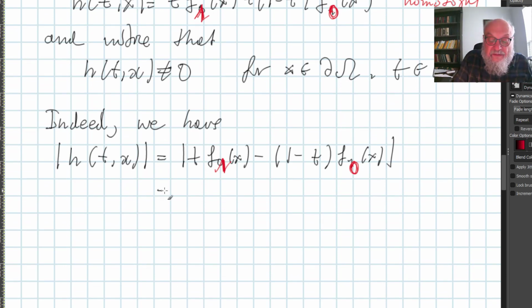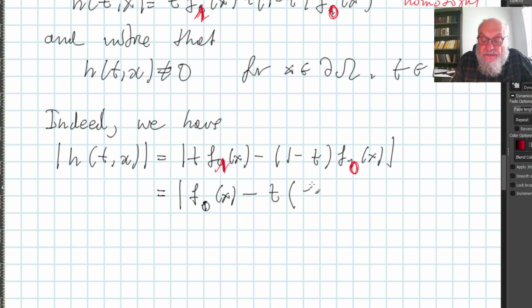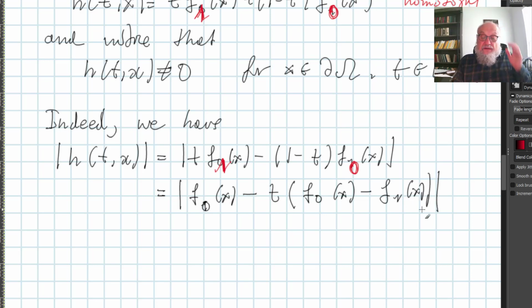And just to make a simple adjustment in order to fit the definition, the conditions there. So now we can rewrite it. So this is equal to norm of f1 of x, and minus t, and this will be f0 of x minus f1 of x. Oh, I think this is correct. So let me check it.